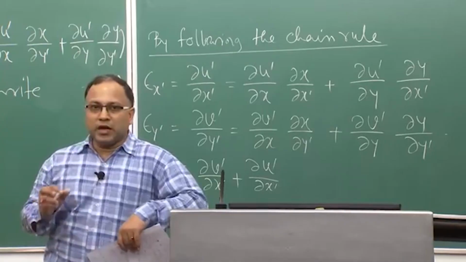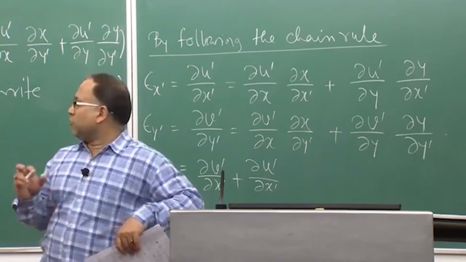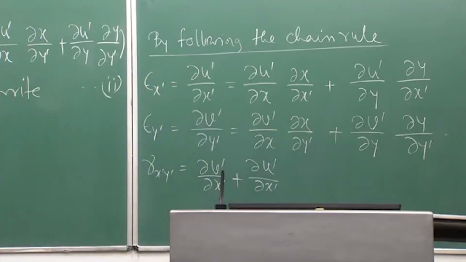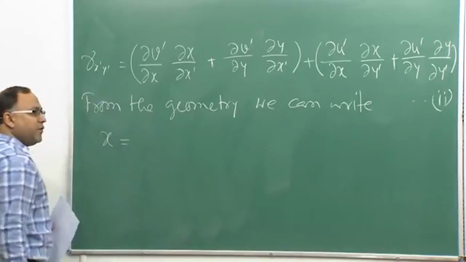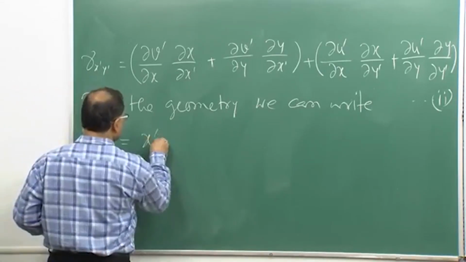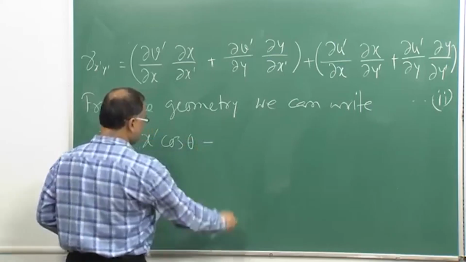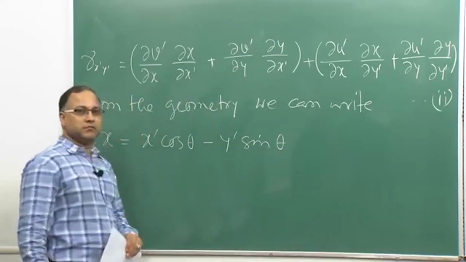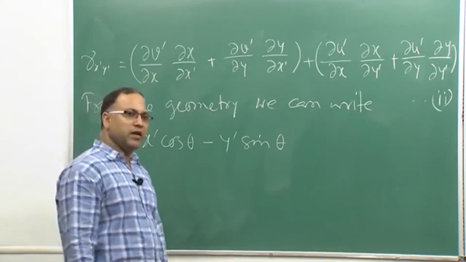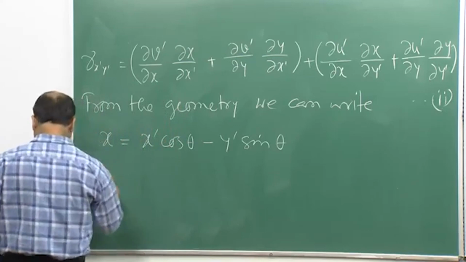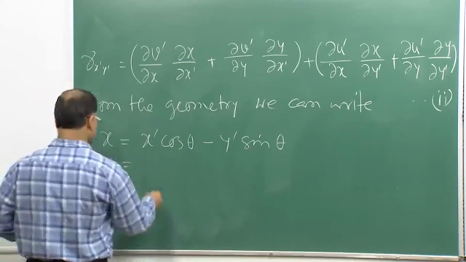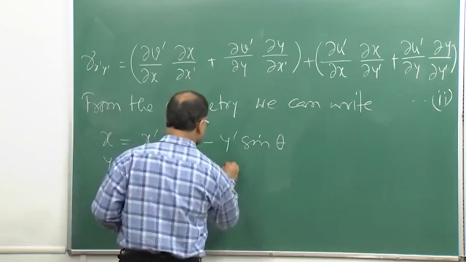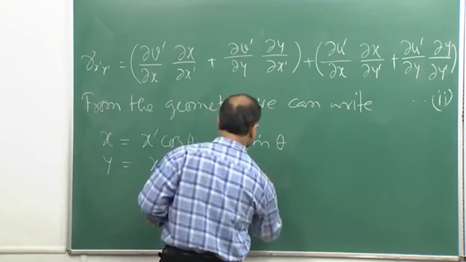We are going to write down those transformations by following the geometry. If you look at the figure, it will be very clear that x can be expressed as x prime cos theta minus y prime sin theta. This is the transformation rule from the geometry. Similarly, I can write y equal to x prime sin theta plus y prime cos theta.